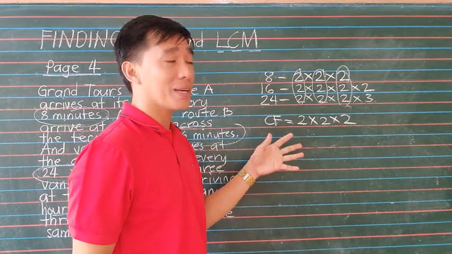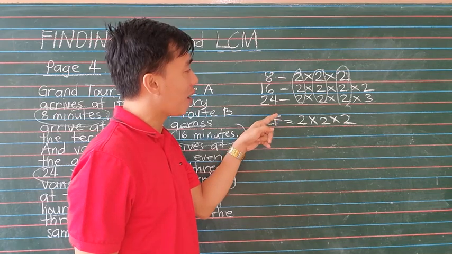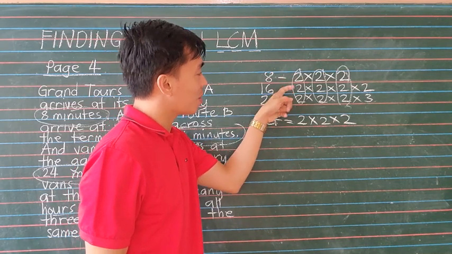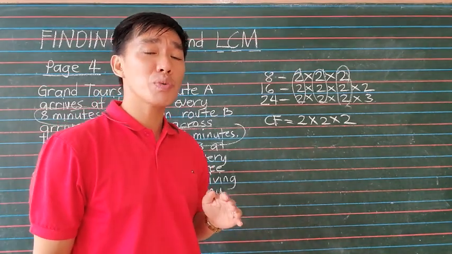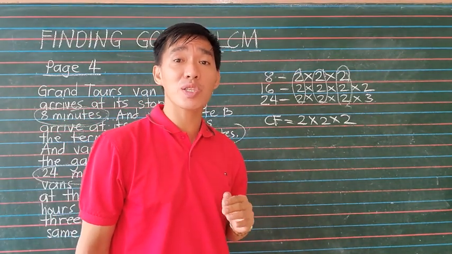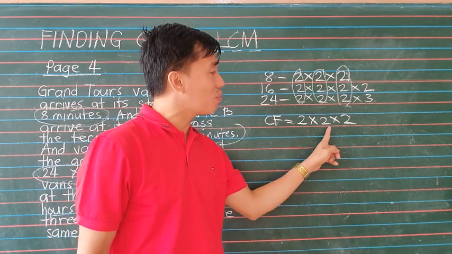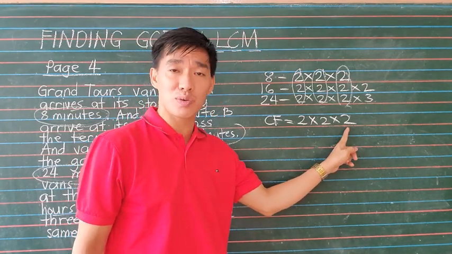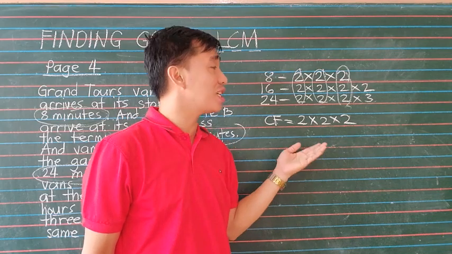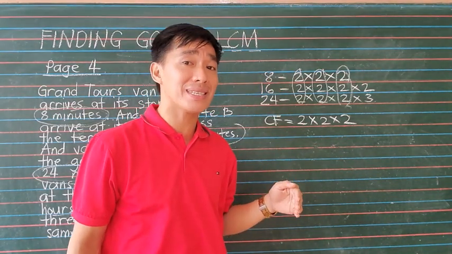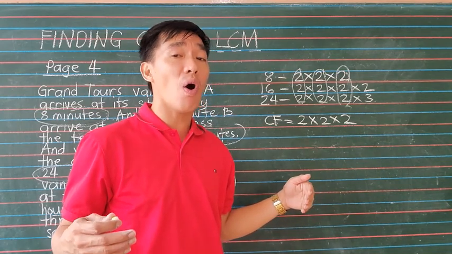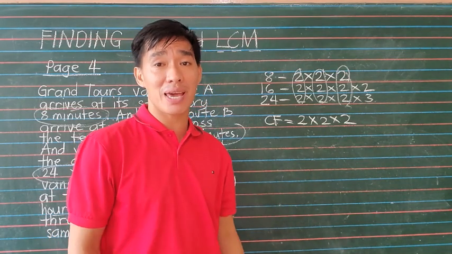They are common because these numbers can be found here as factors of 8, 16, and 24. If you multiply 2 times 2 times 2, which is equal to 8, that's the GCF of these 3 numbers. But this time, we are not looking for the greatest common factor. We are looking for the shortest time where all these 3 meet together.